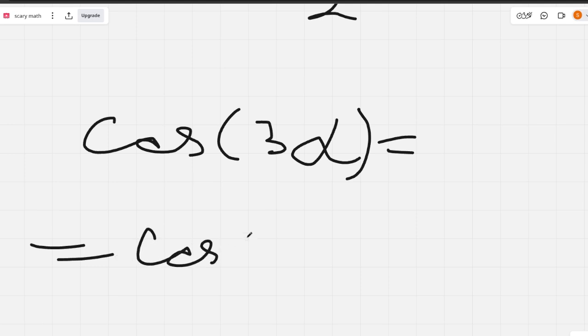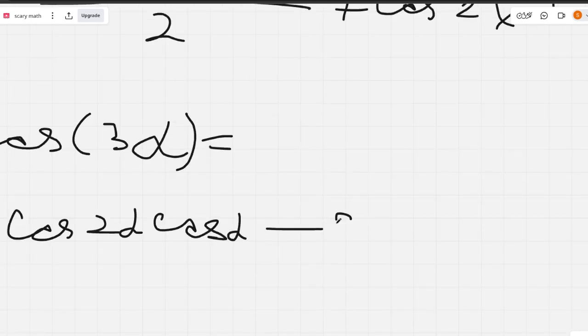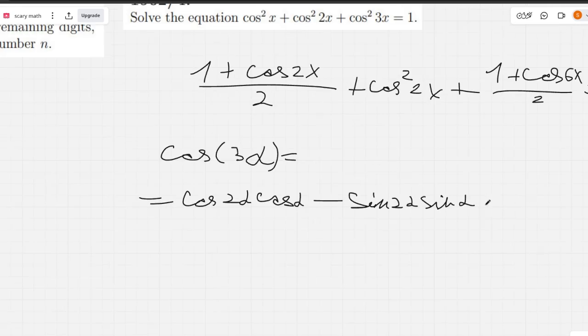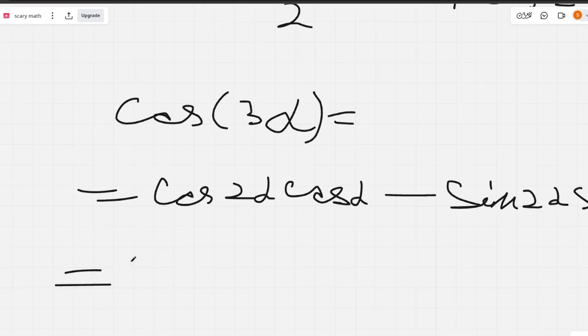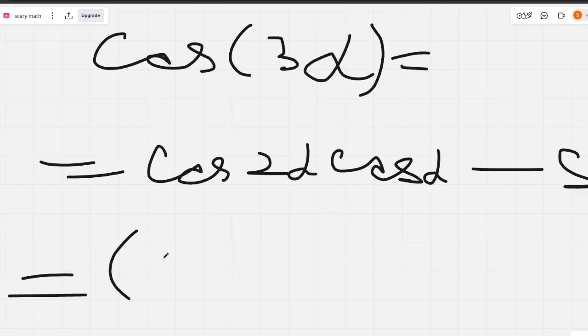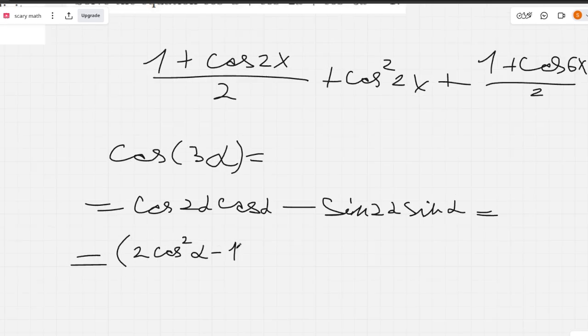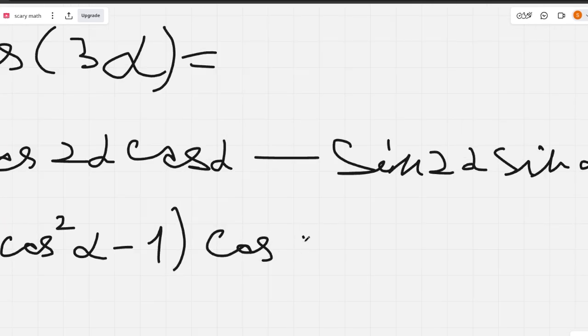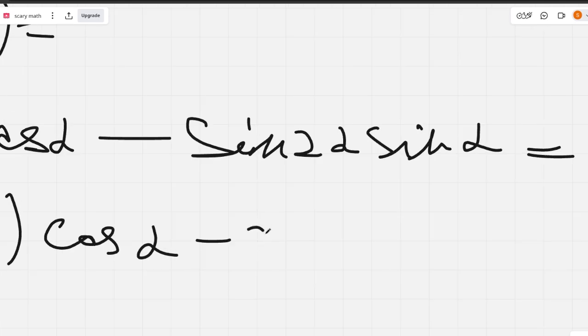So what we have is cosine 2 alpha times cosine alpha minus sine 2 alpha times sine alpha, because 3 alpha is just 2 alpha plus 1 alpha. So next I'm going to rewrite cosine 2 alpha as 2 cosine squared alpha minus 1 times cosine alpha minus 2 sine squared alpha times cosine alpha.